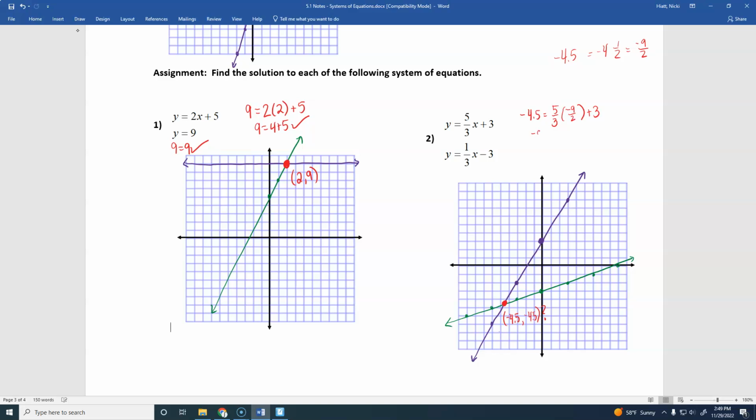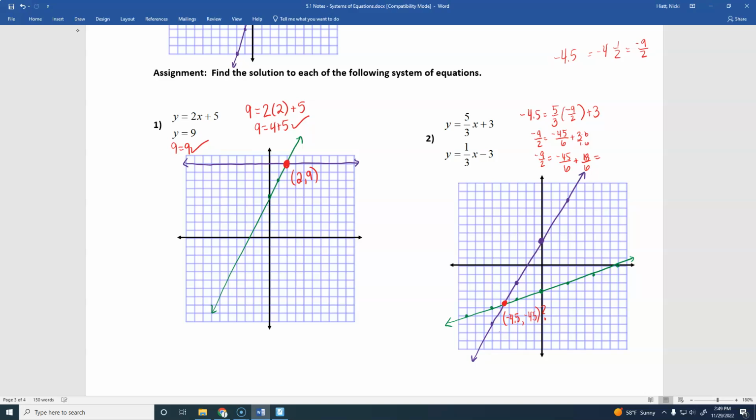So -9/2 would equal, this will be -45/6 plus 3. If we get common denominators here, it's -45/6 plus 18/6.